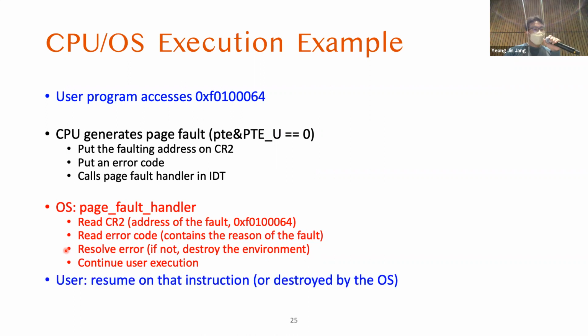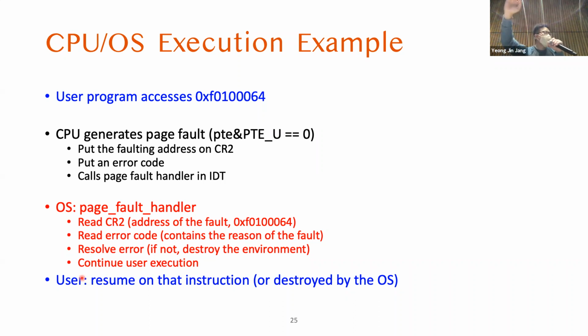Then it will go back to the problematic instruction and run that instruction again. Previously it was a page fault, but at the page fault handler, if we map that address as something else, making it accessible, and then get back to the user space, then user space can try to execute that instruction again.